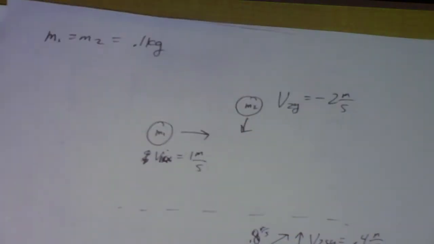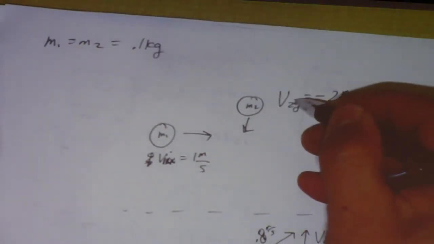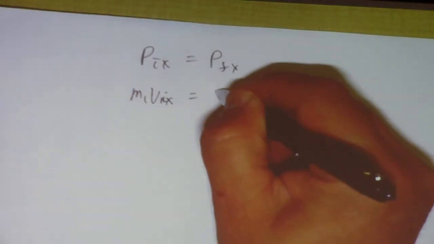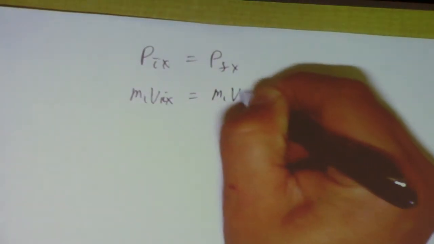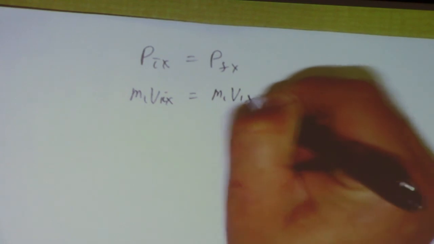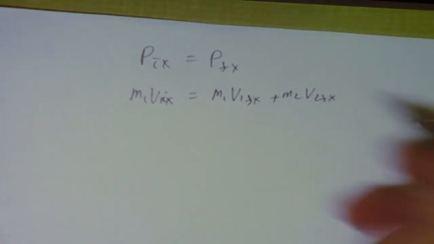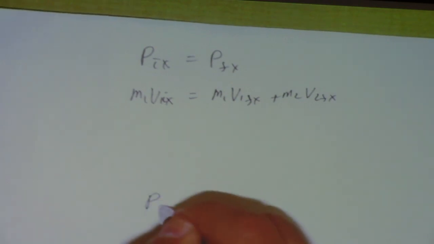This is v2 initial in the y direction, just to be clear. And then the final momentum in the x would be made up of m1 v1 final x plus m2 v2 final x. And then you could do the same thing in the y direction.